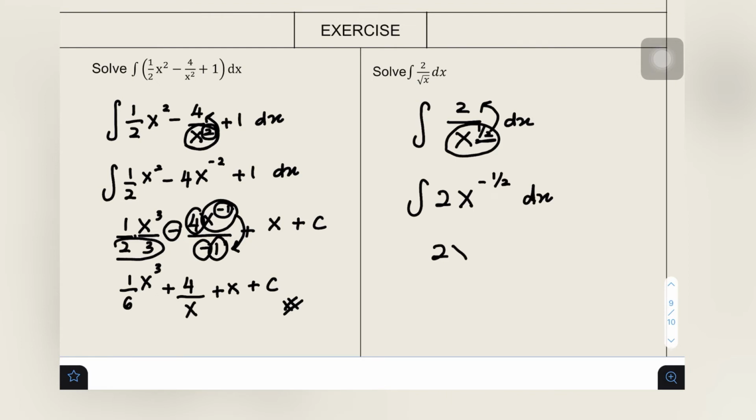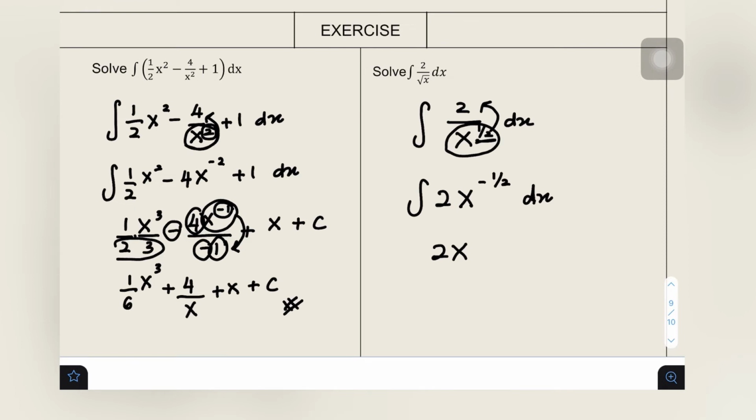2x. Now the power plus 1: negative half plus 1. You owe your friend half, and then you pay him 1. Either you still have debt, or you get the remaining of your money.